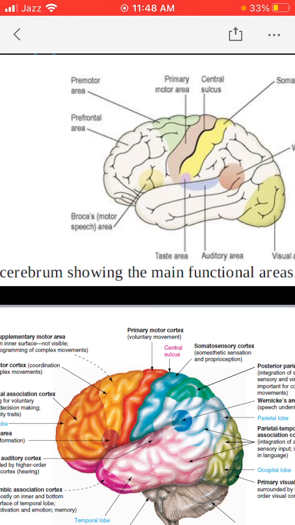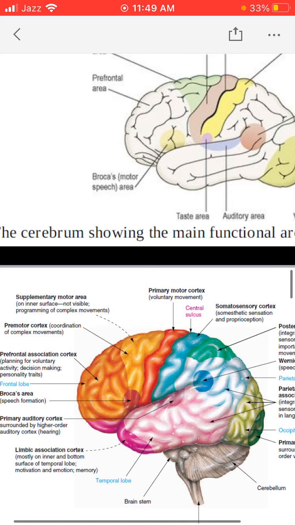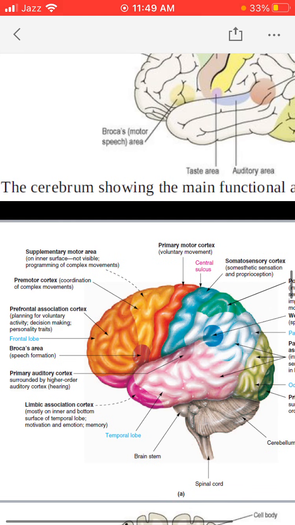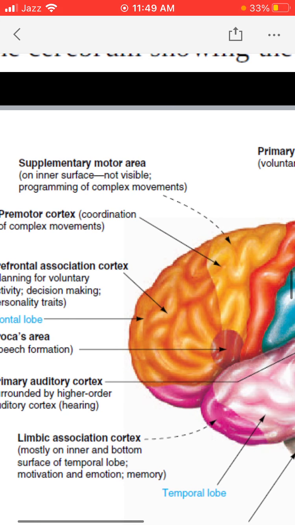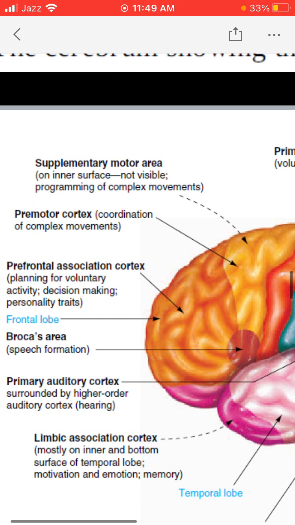So higher mental functions are perceived by the association areas. Here in this diagram we can see the premotor cortex. This is one of the association areas, premotor cortex. As it's written over here, it is responsible for coordination of the complex movements.